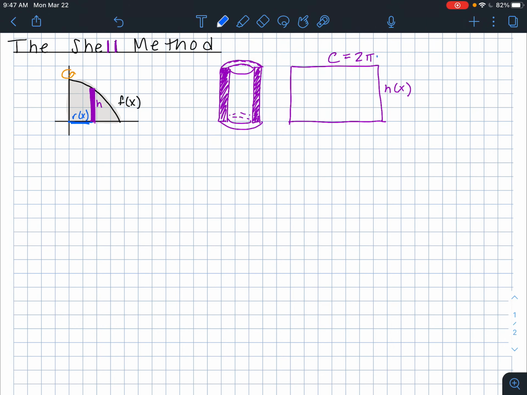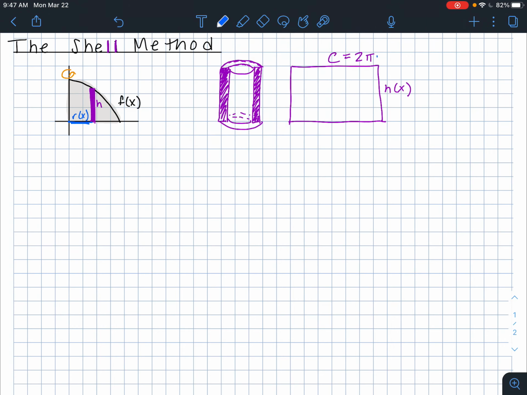And then the radius, now this is a little harder to think about. So our radius is the distance between my axis of revolution and wherever my rectangle is. In this case, we've got to think about it a little bit. Normally, when we graph, if I were to draw the distance from here to here, this is the x coordinate.